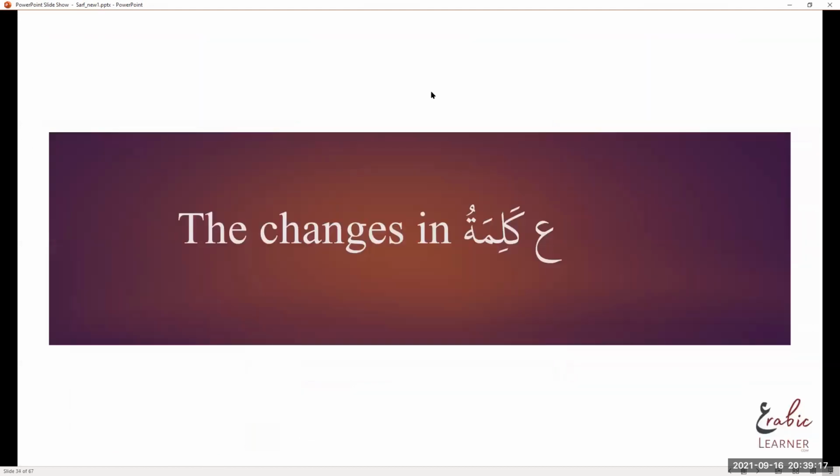Now we will focus on the difficult part: the changes in Ain Kalima. What I taught you till now was how to make the Hua version of Mudaare. To make it, I told you what Fa Kalima will take and what Lam Kalima will take, but I left Ain Kalima without any explanation.